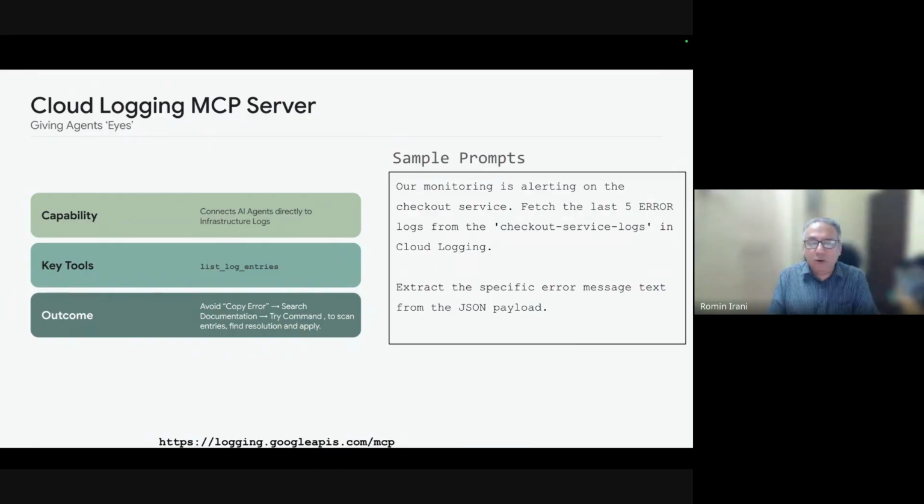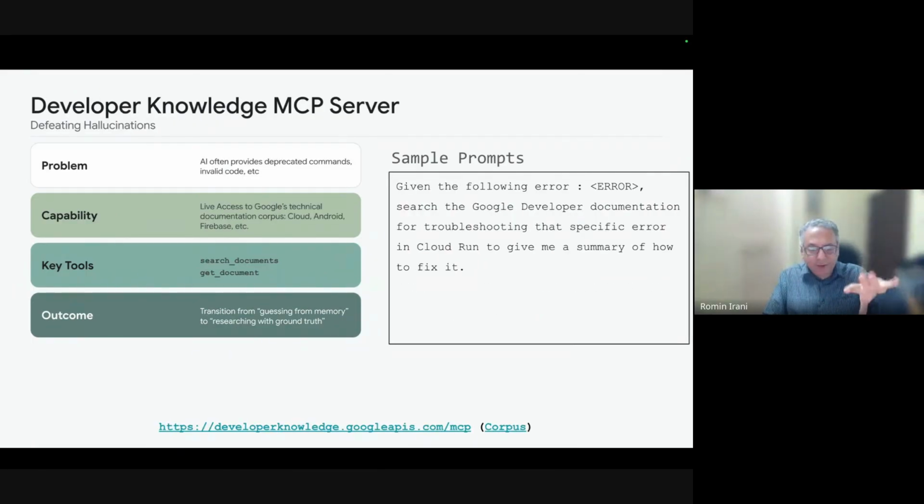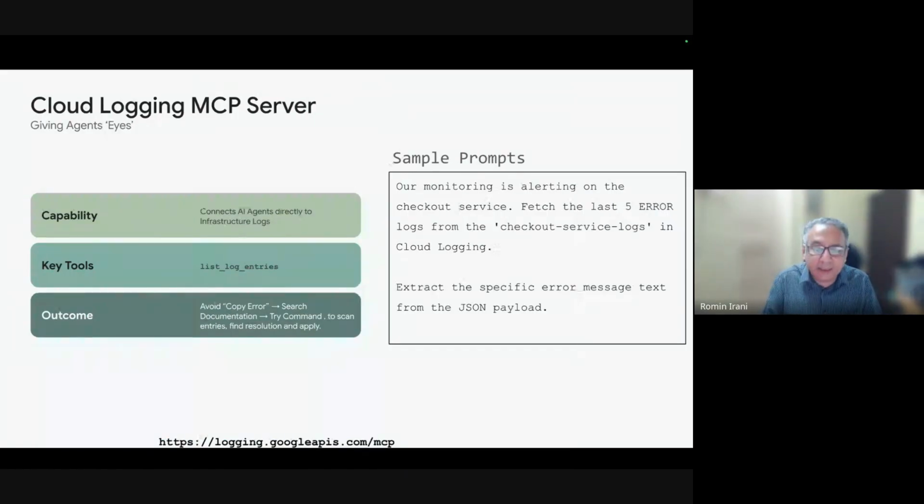The next one, Cloud Logging. Again, keep in mind the screens you're seeing, I've just highlighted a few tools. These are not the full list of tools that the MCP server has, but it's to make you aware of what key tools you could expect from an MCP server. The Cloud Logging MCP server is all about connecting to your logs. It has one interesting tool called list log entries.